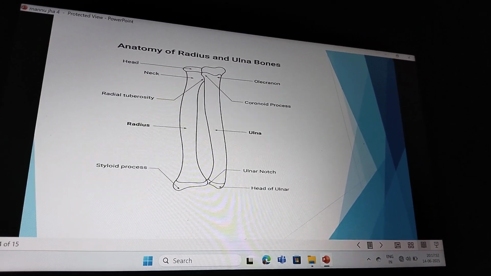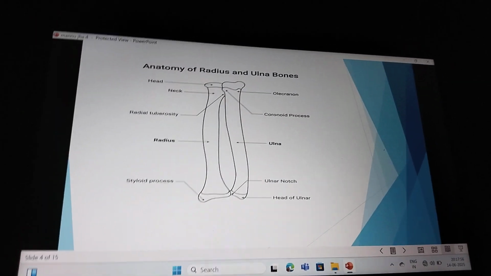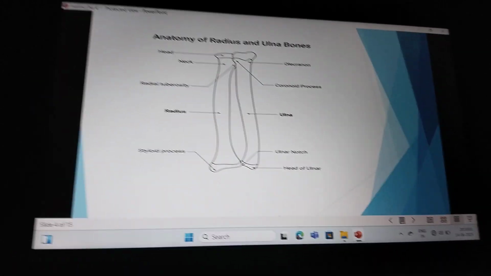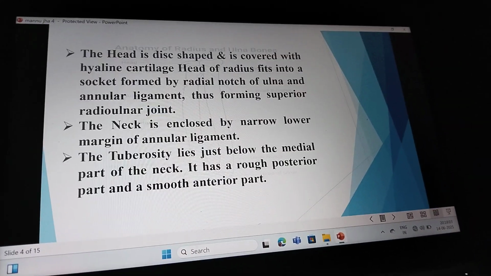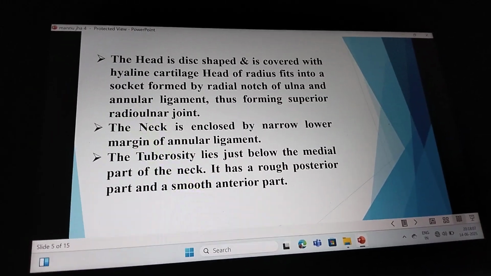Structure: head, neck, radial tubercle, radius, styloid, olecranon, and coronoid process. Ulnar notch, head of the ulna. The head is disc shaped and covered with hyaline cartilage.